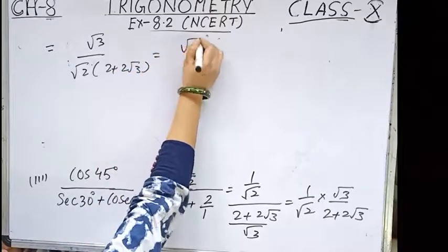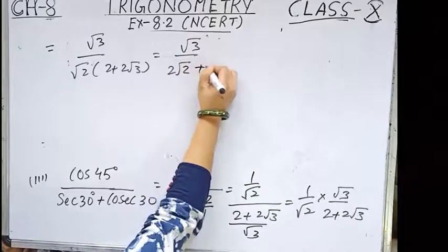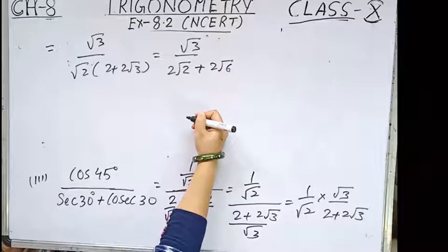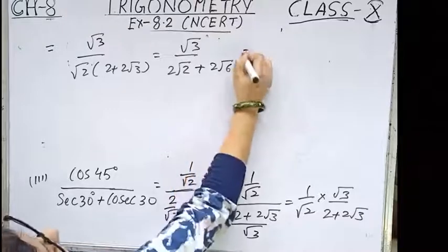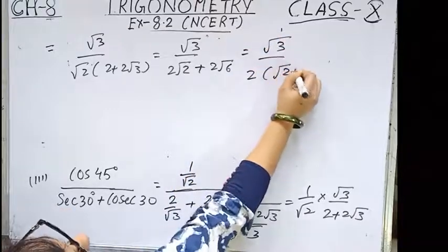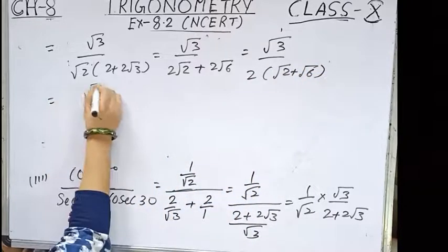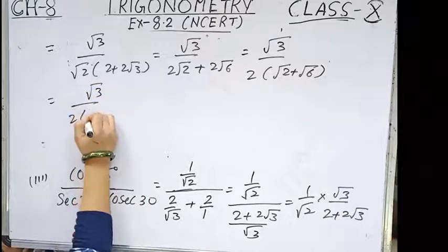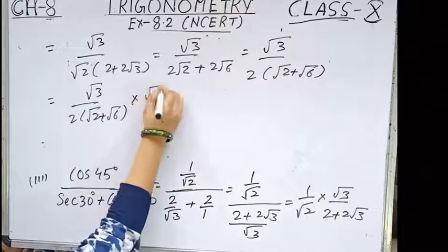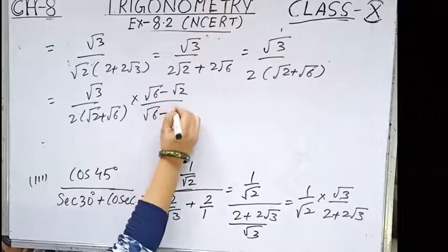Now this will be equals to root 3 by 2 root 2 plus 2 root 6. So 2 is common, so 2 let us take outside. So root 3 by 2 into root 2 plus root 6. Now multiply by root 6 minus root 2 by root 6 minus root 2.